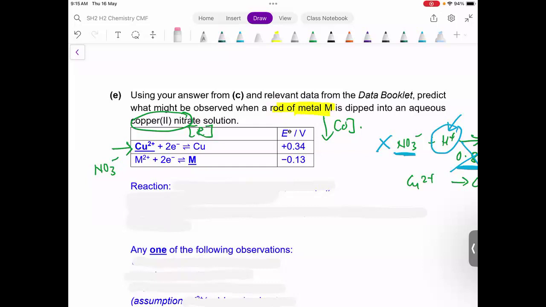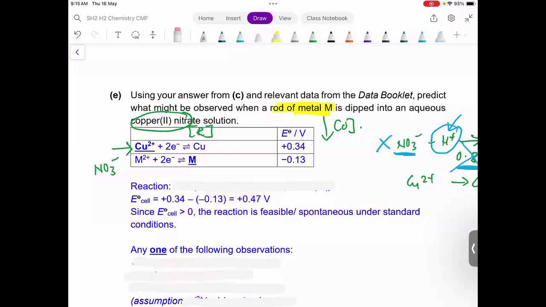After confirming there is a redox couple, you have to calculate the E cell value to confirm that it is more than 0. Then a reaction can take place. If you form a redox couple but E cell is less than 0, then your observation will be totally different. So after forming the redox couple, you still need to calculate the E cell to determine whether it is feasible in the forward direction.